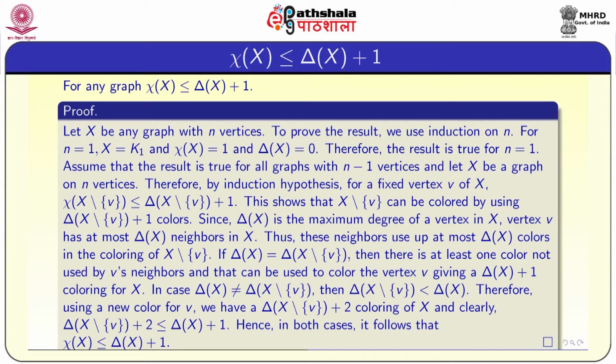Hence, in both cases it follows that the chromatic number of X is less than or equal to delta of X plus 1.